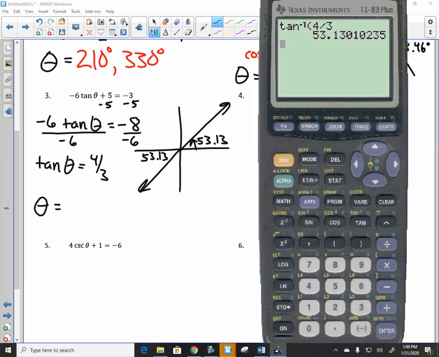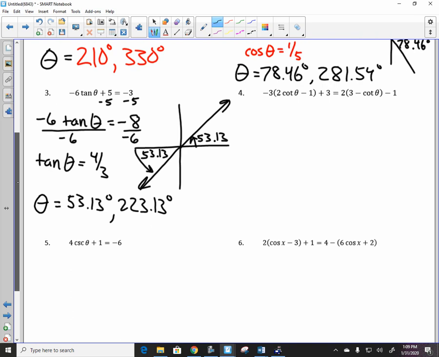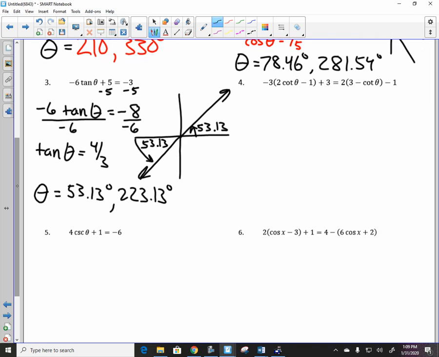So what's this angle right there? 53.13 degrees. How would I find this angle right here? 180 plus 53.13 degrees. 233.